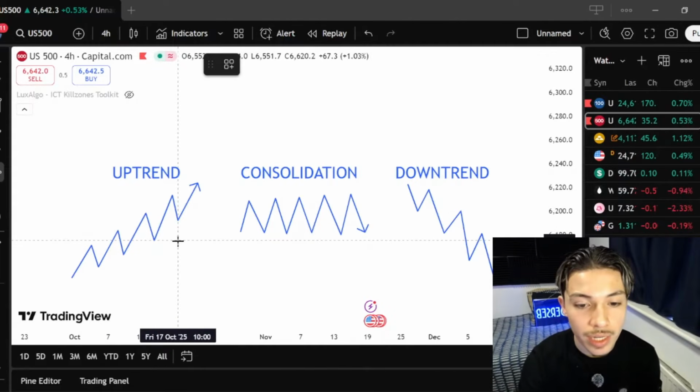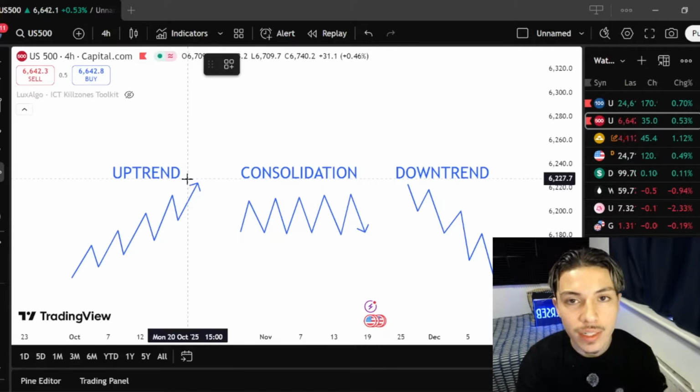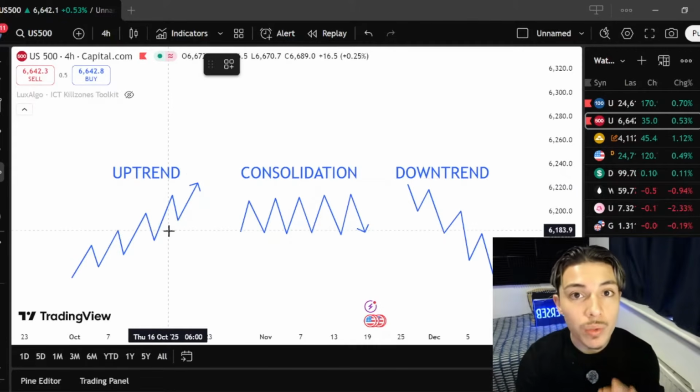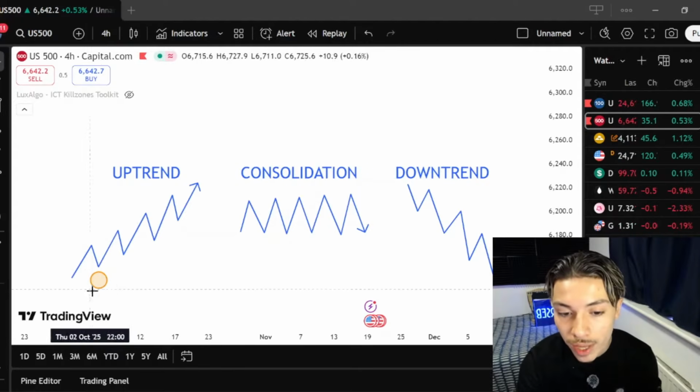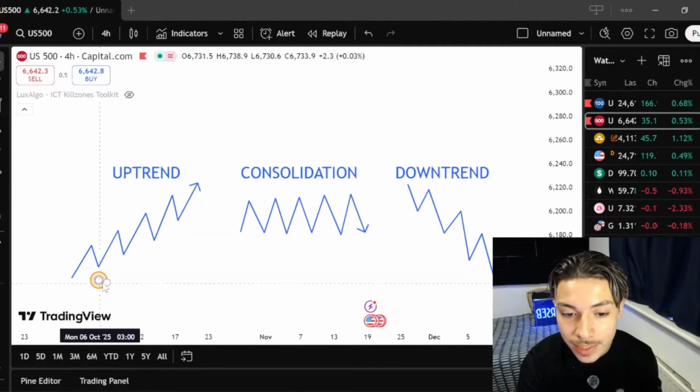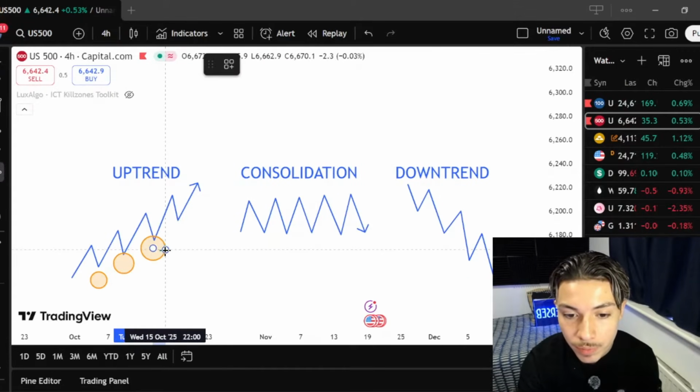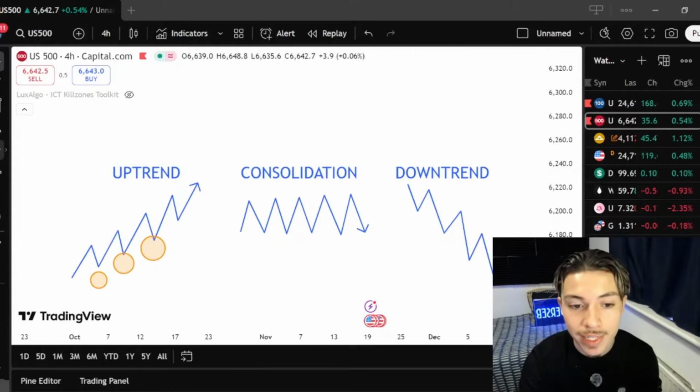This is within an uptrend. Now, within an uptrend, where does liquidity rest? Well, what you need to understand is that liquidity rests below the lows. So this circle that I'm drawing out, that is where liquidity rests. As we can see, we have liquidity below this low as well, and below this low as well. Just like that, that is how to identify liquidity.